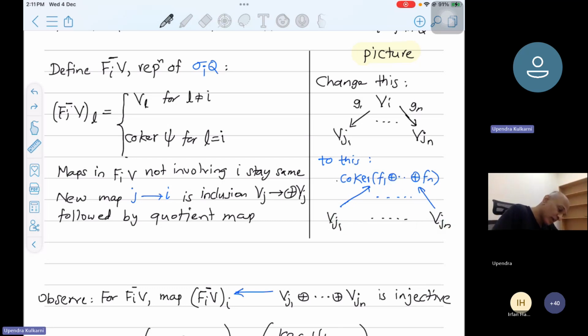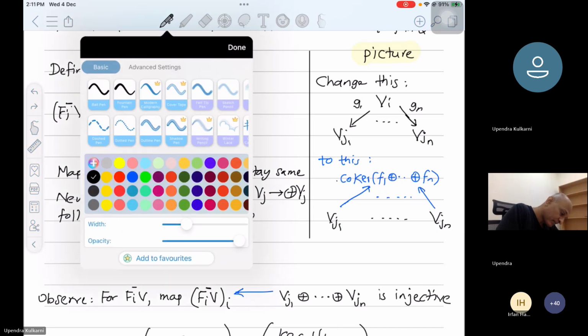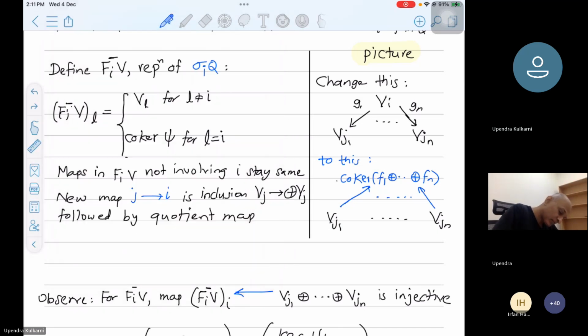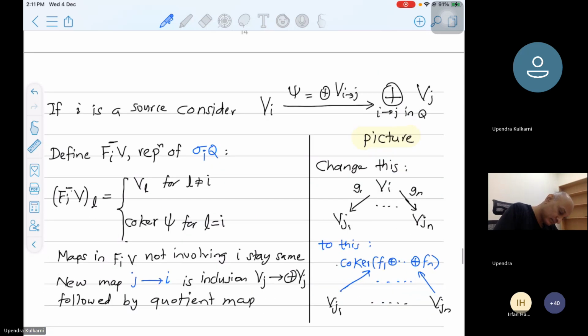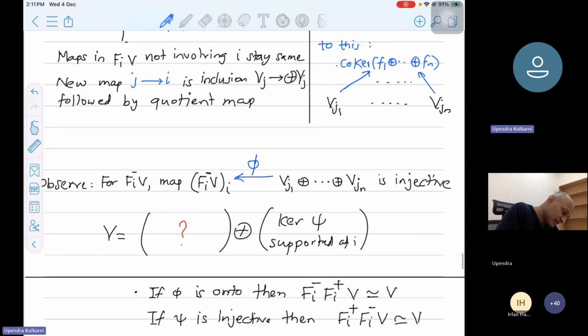Sorry, that is going to be the map new phi. I'm sorry, am I making a mistake over here? Yeah, so I made a mistake over here. That map is going to be onto.